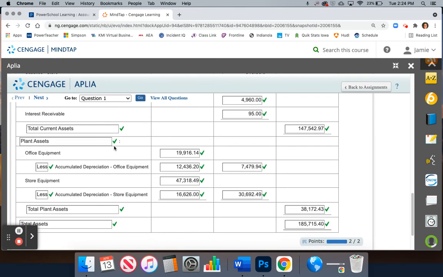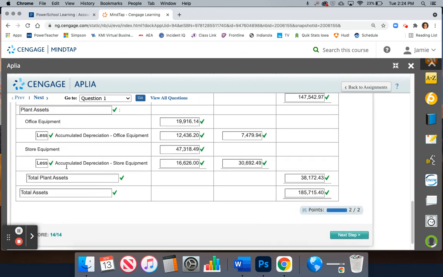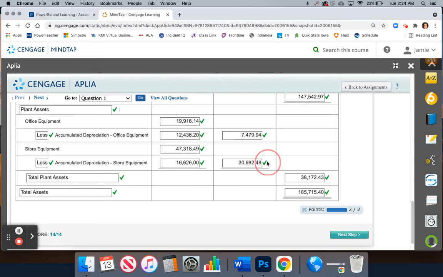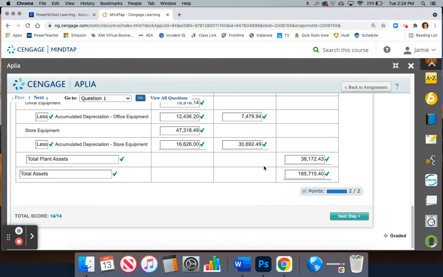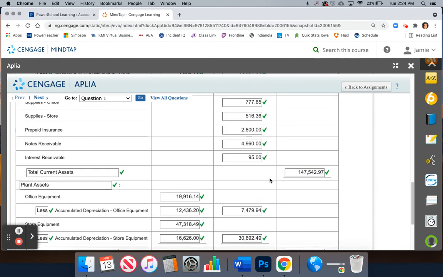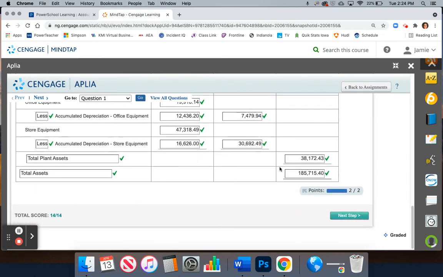Then we have our plant assets, so we have office equipment minus the accumulated depreciation office equipment. Same for store to give us our total plant assets. These totals are always adding up the numbers in the middle column. And finally, total assets is our total current assets plus total plant assets.